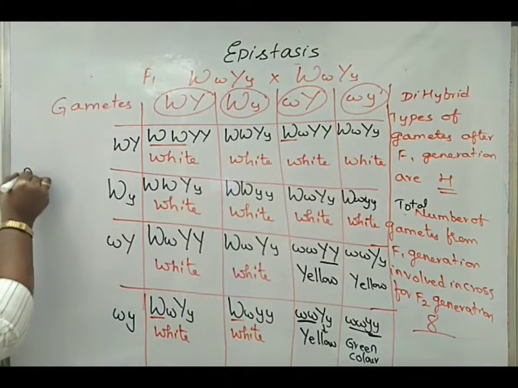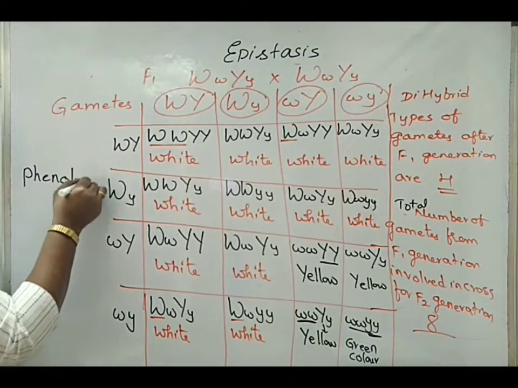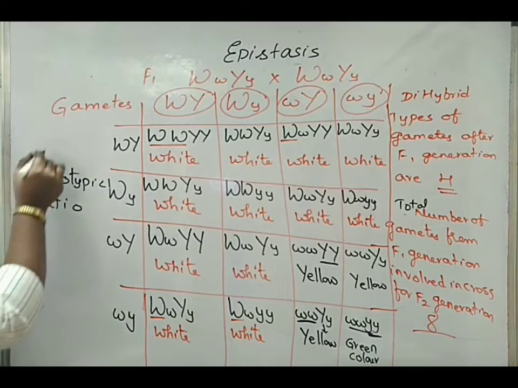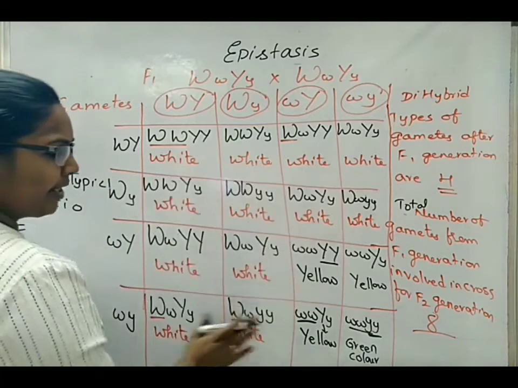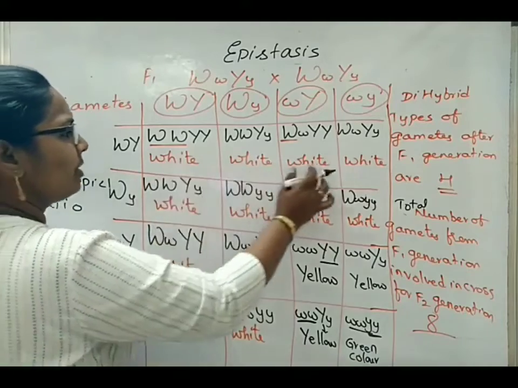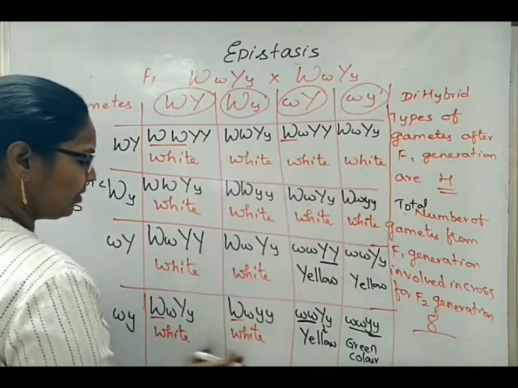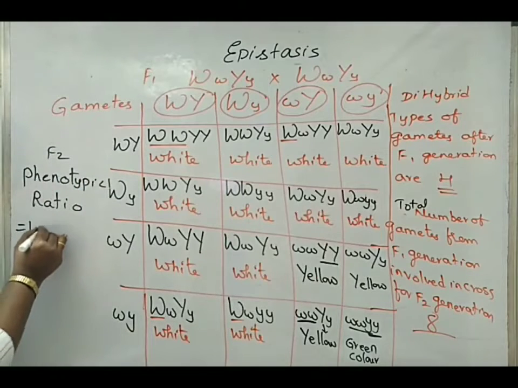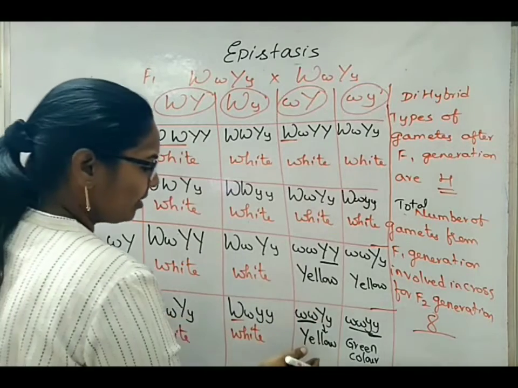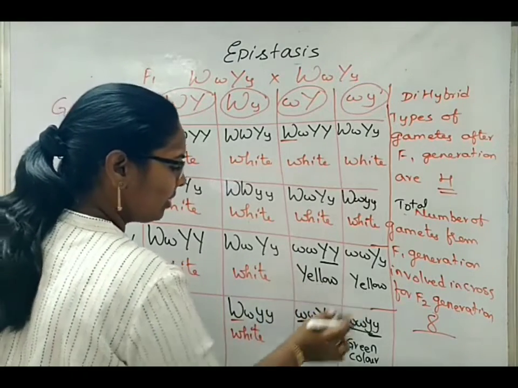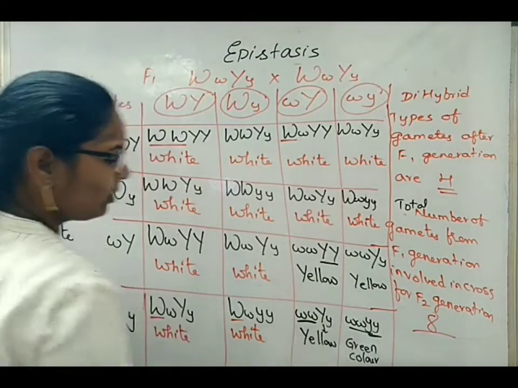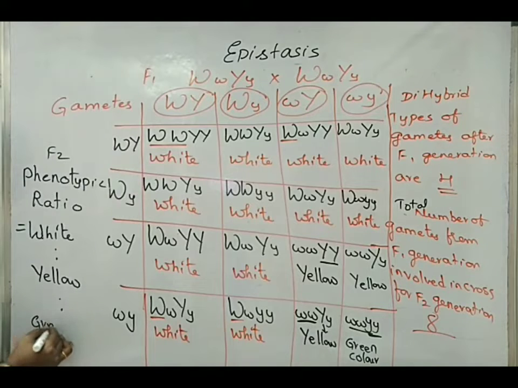Now, let's write the phenotypic ratio. In the F2 generation, how many different types of phenotypes are there? Totally 16 here. But out of that, what are the types? 1, 2, 3, 4, 5, 6, 7, 8, 9, 10, 11, 12. So 12 are white in color. Are there any other phenotypes? Yes, yellow. Yellow are 1, 2, 3. Now another third type of color we are seeing, that is green color.